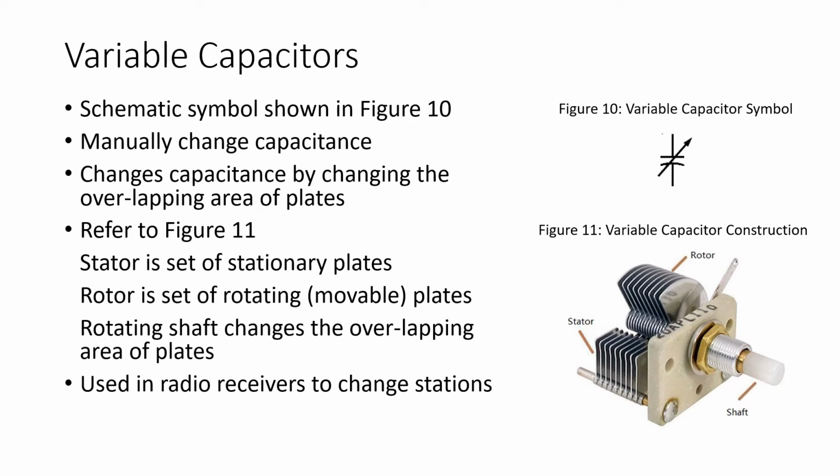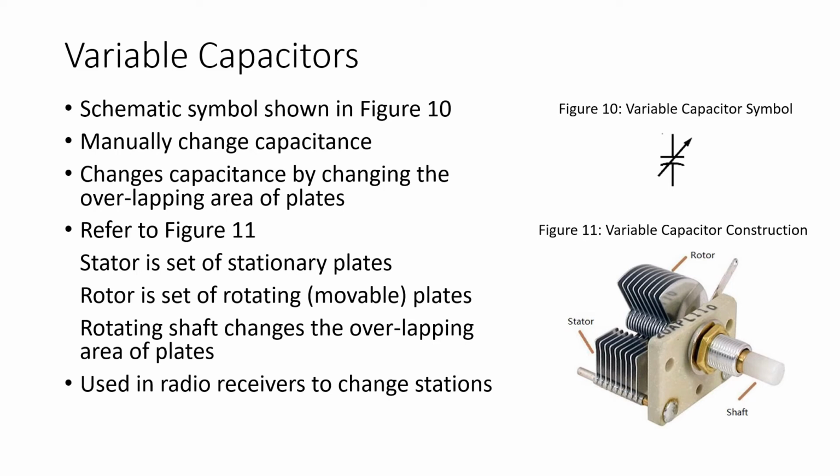So rotating the shaft changes the overlapping area of the plates. And again, as I said in the previous presentation, capacitance equals permittivity times area divided by distance. So by rotating the shaft, we change the overlapping area of the plates, thereby changing the value of capacitance.